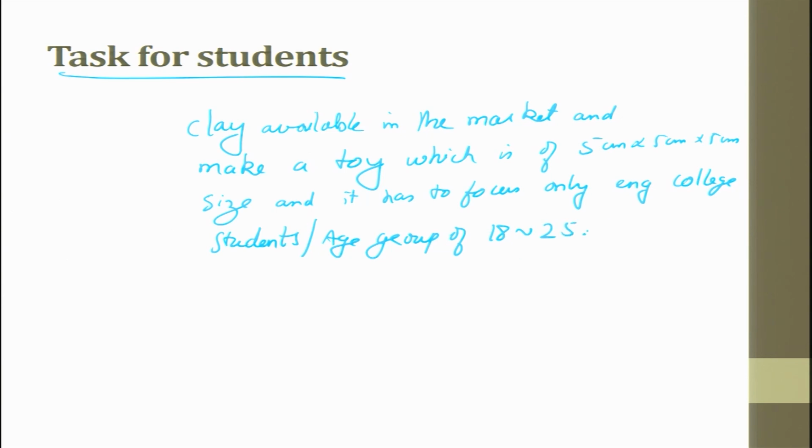So, this age group you have to keep in mind.